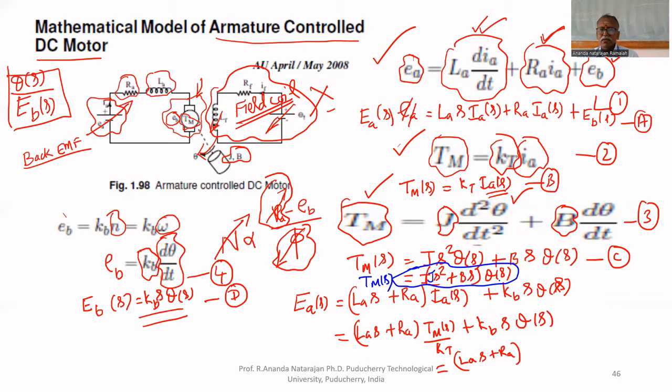Therefore, instead of Tm, JS square plus BS theta of S upon KT plus EB, for EB equals KBS theta of S. So everything is in terms of theta of S now.